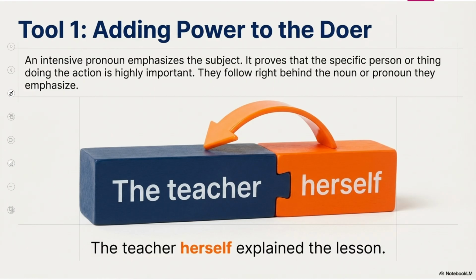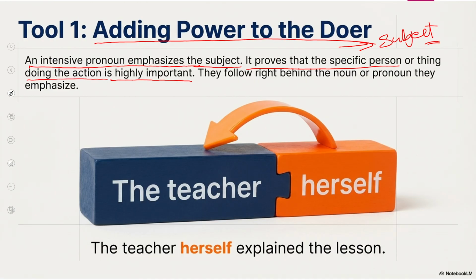Now, look at this. Tool number 1, adding power to the doer. We have already discussed that the intensive pronoun adds power to the doer. I also told you, doer means subject. It highlights and provides the importance of the subject. An intensive pronoun emphasizes the subject. It proves that the specific person or thing doing the action is highly important.